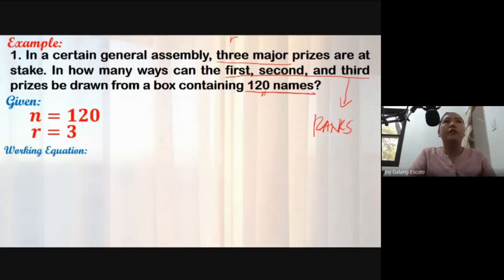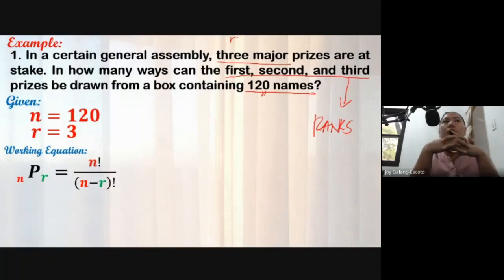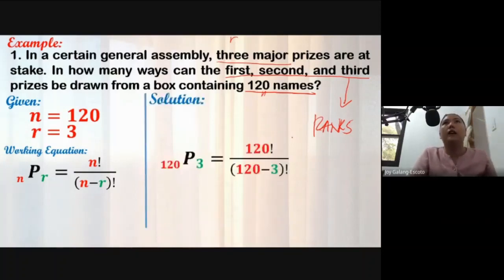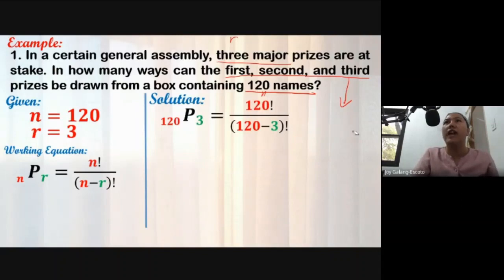Now, we will be using nPr, or the permutation of n things taken r at a time, is equal to n factorial over (n minus r) factorial. Then after that, simply substitute all the given. So n is 120, r is 3.